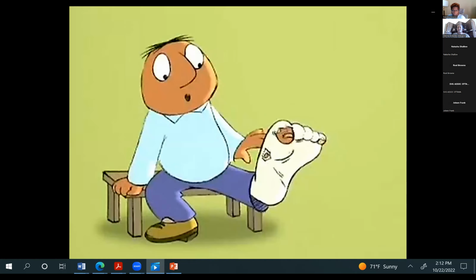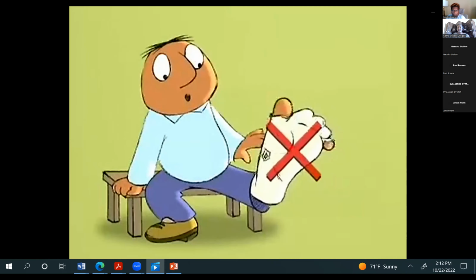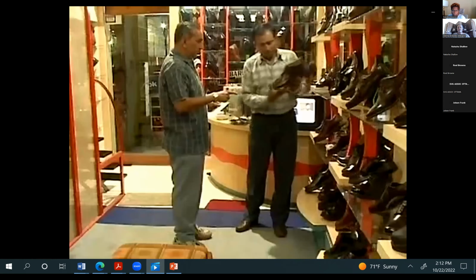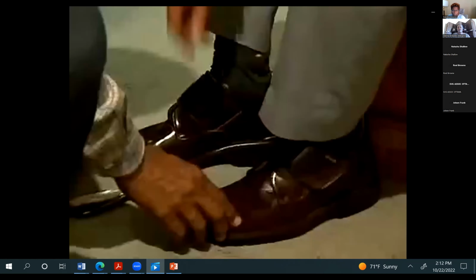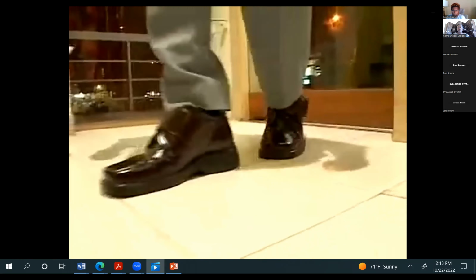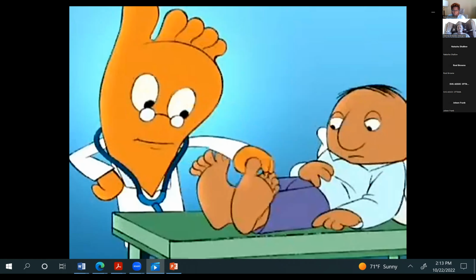They must fit well and have no holes. Buy shoes at the end of the day as feet swell during the day. Avoid rough seams. Wear them for short periods at first. Have your feet checked by your doctor periodically.